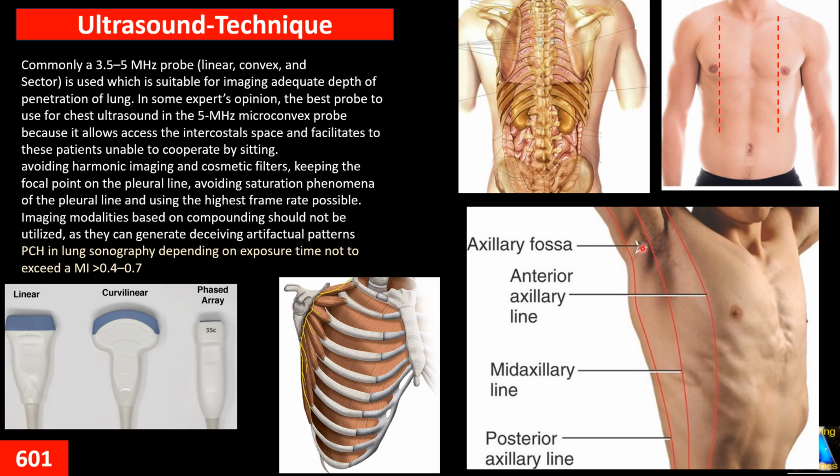For the lateral surface, we can go mid-axillary line, upper part and lower part. For the lower part, we have to see the diaphragm and liver and lung all together, so that we are checking the costophrenic recess angle. So that is our lower part for the axillary.